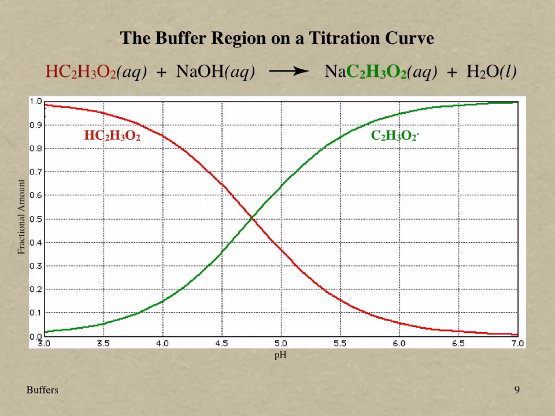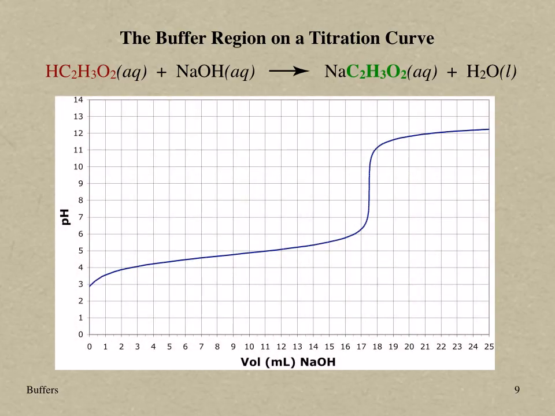At the same time, the concentration of acetate ion is increasing. At that point where the reaction is 50% complete, the concentration of acetic acid that is left equals the concentration of the acetate ion that has been formed. By continuing to add sodium hydroxide, a point is eventually reached where all of the acetic acid is converted to acetate ion.